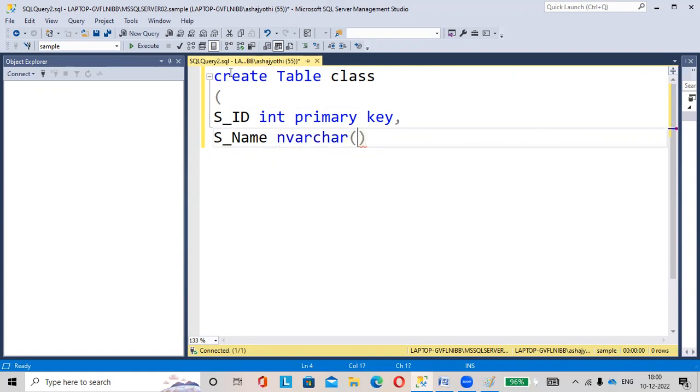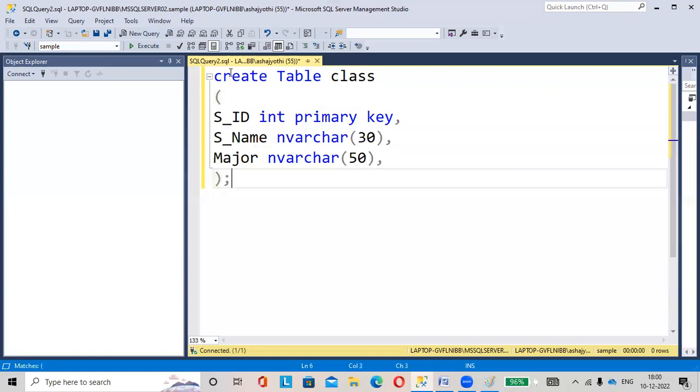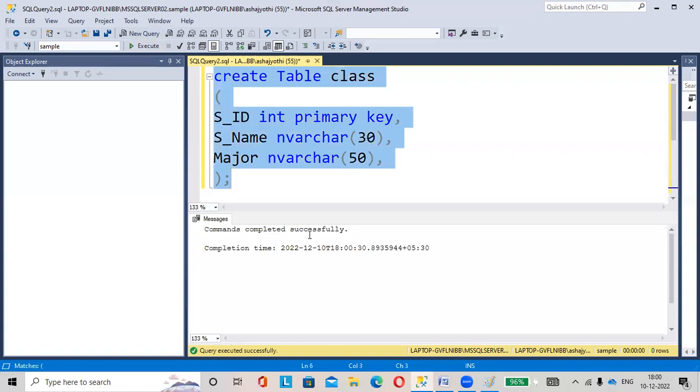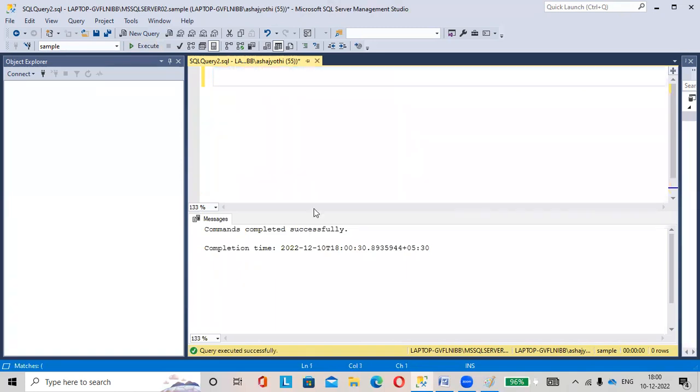Size is 50 or 30, anything, the size of the name. Major and varchar. Then close this. Control A. Command completed successfully. One new table by the name class is created.